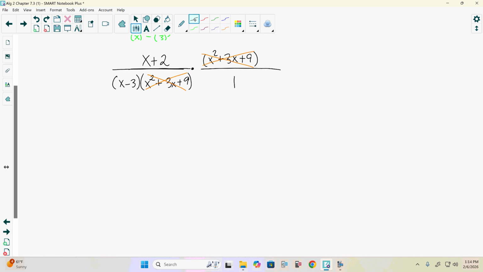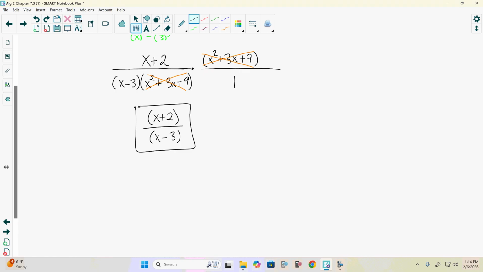Those would simplify because they're in common, leaving me with x plus 2 on top and x minus 3 on bottom. Questions on this here?